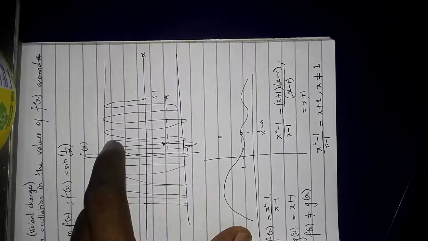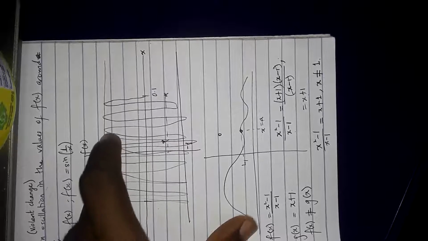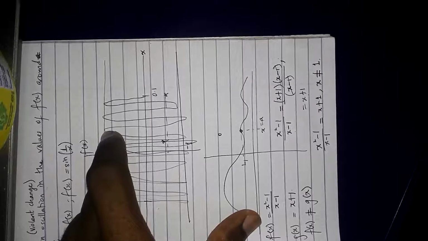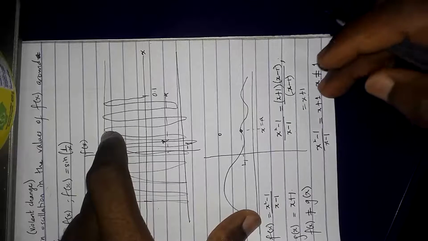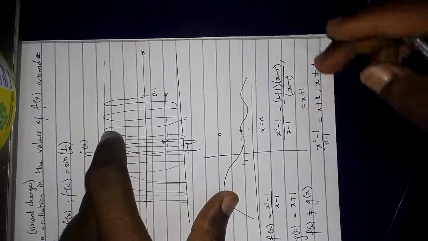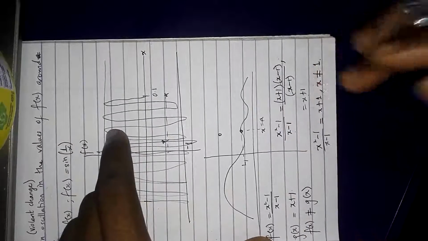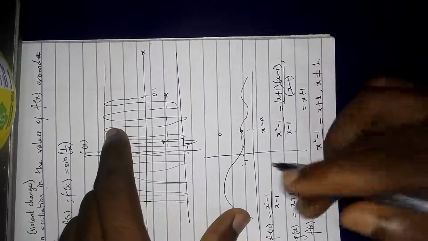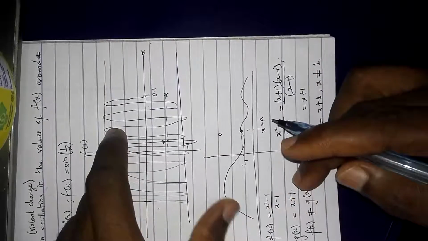So it should be equivalent to the original function at every other point, except possibly that particular point we are dealing with. So that is the idea with all of these things. Bear it in mind, they are not the same functions.